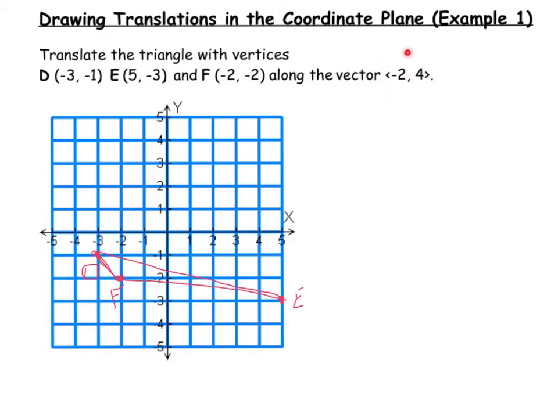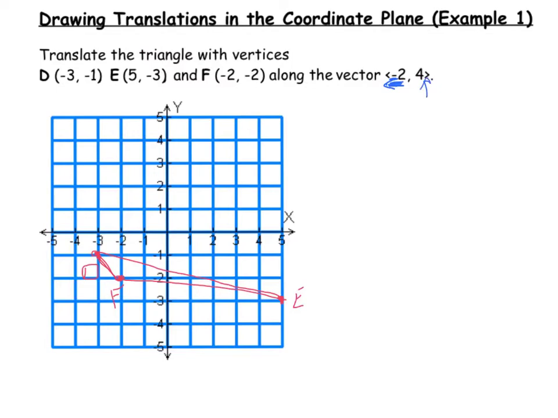So this fourth is our vector, and we're just going to move our other points, and we're going to use it. -2, is that left or right 2? Well, negative goes to the left, so we're going to go left 2. I actually like to write these guys right here, just left, put a little arrow there. And then 4 is up 4, my bad.